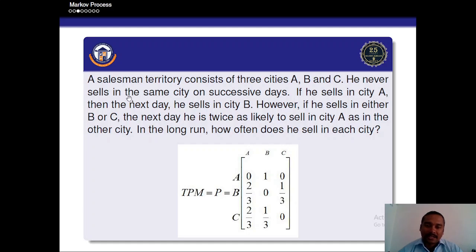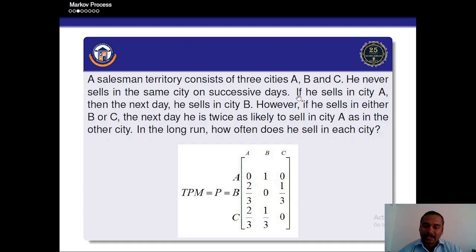He never sells in the same city on successive days. So using this condition, we can fill the diagonal entries. Suppose he sells on the first day in city A, then the next day he definitely does not sell in the same city, so its corresponding entry becomes 0. Similarly for cities B and C also.